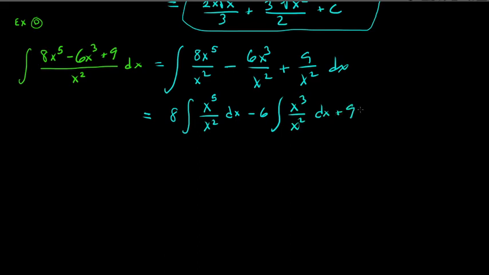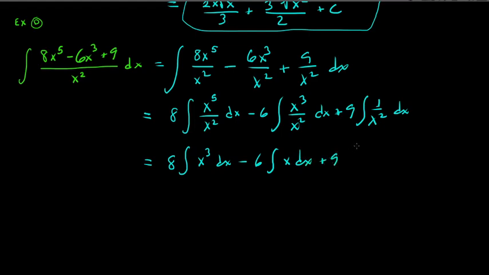And then plus 9 times the integral of 1 over x squared, which is just x to the -2, right? So using the usual rules of exponents, this is 8 times the integral of x cubed minus 6 times the integral of x plus 9 times the integral of, well, 1 over x squared.